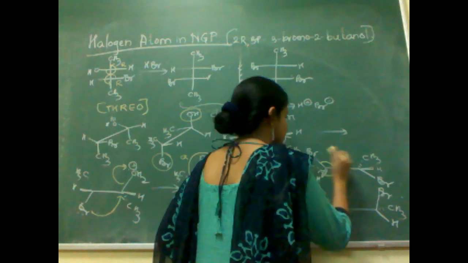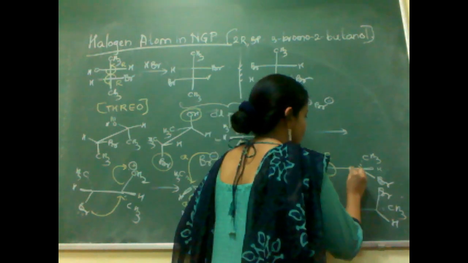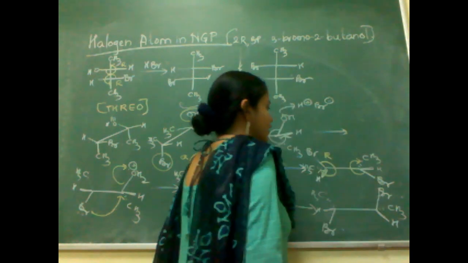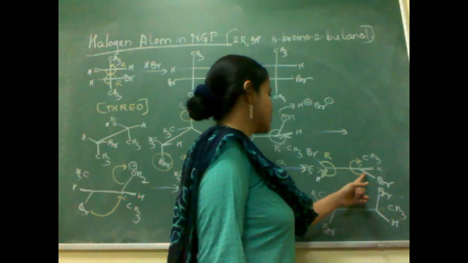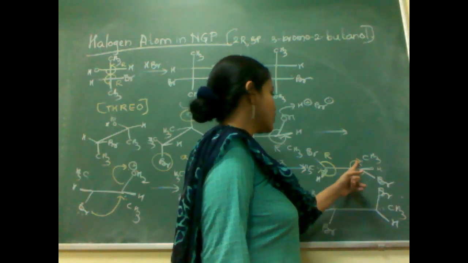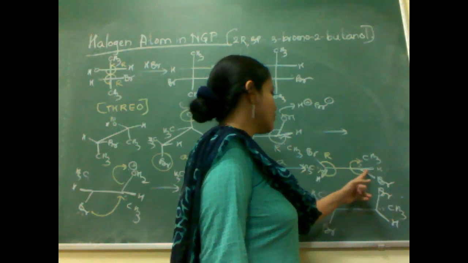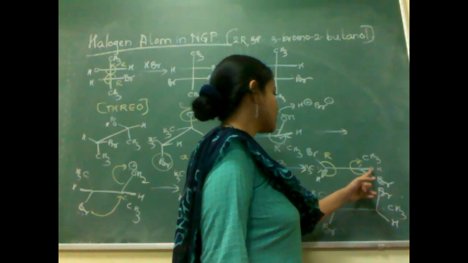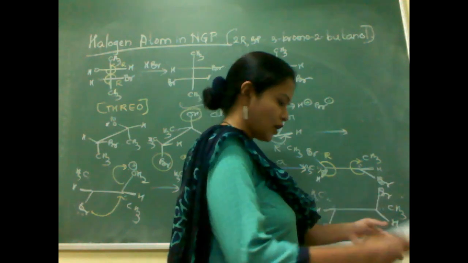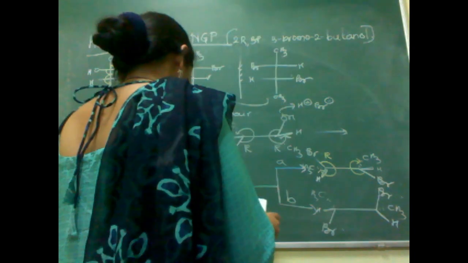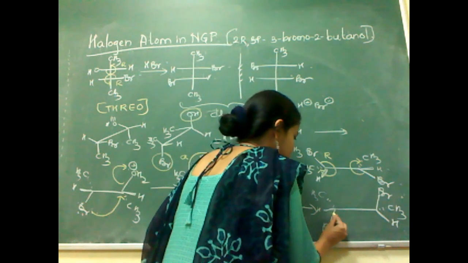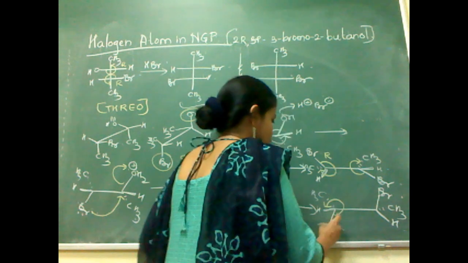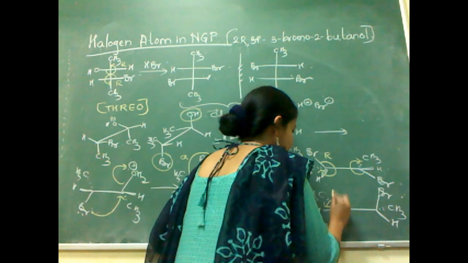So this is R. Then you can see this particular bromo group going in clockwise direction, but the group coming towards the observer is the lowest priority. Again, if you try to look, this is the bromo group, and it is R.